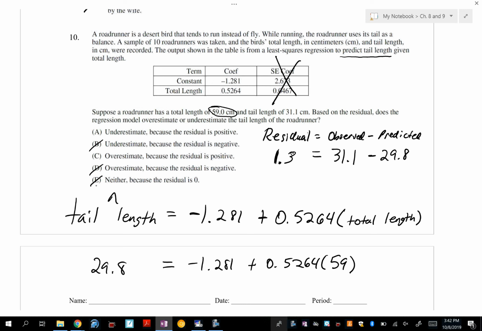So if it's positive, we have to ask ourselves, is it an underestimate or an overestimate? So based on the residual, does the model overestimate or underestimate? Well, what's the model saying? It's lower. So the model is actually underestimating.